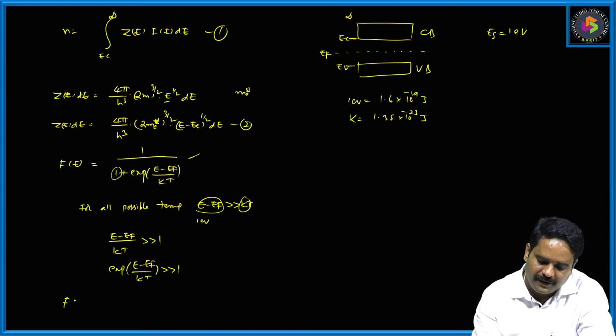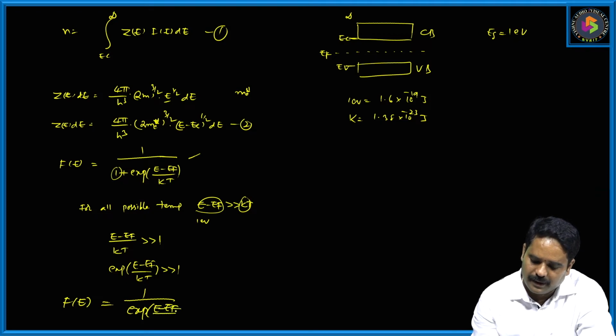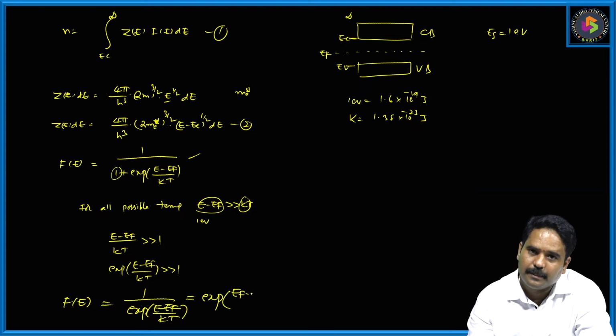That is, f of E can be written as f of E is equals to 1 by exponential of E minus Ef by kT. This is equals to exponential of Ef minus E by kT. Let us take this as 3.